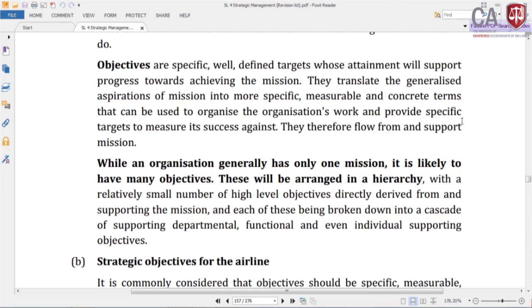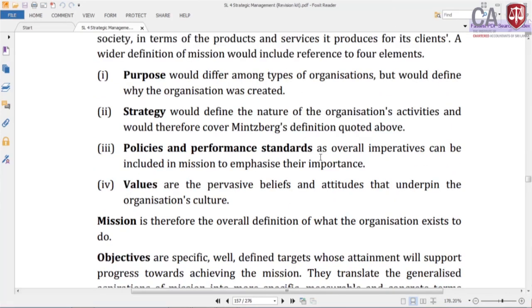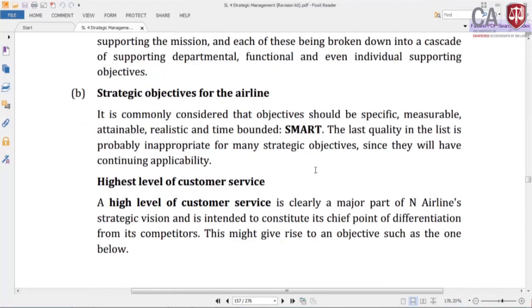You look at the mission, from that you identify the respective objectives, and at the same time they are supposed to achieve the mission. Each of these is broken down into a cascade of supporting departmental, functional and even individual supportive objectives. Within the organization you may have overall objectives, then divisional objectives, then individual level objectives. For example, a sales rep may be given a sales target, right. So, part A has been completed.